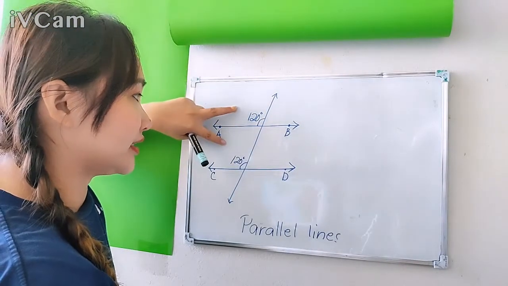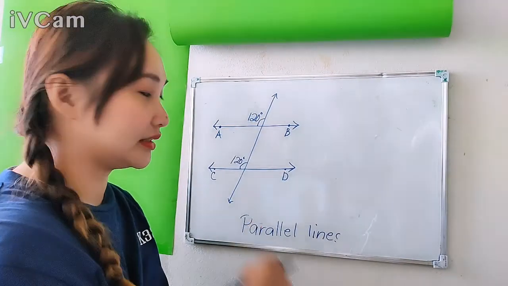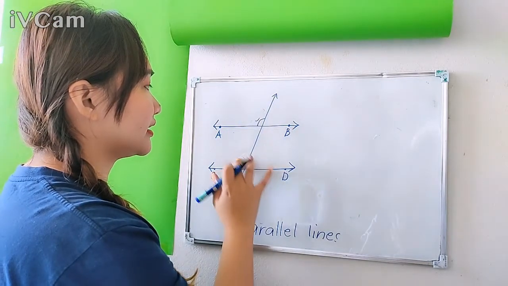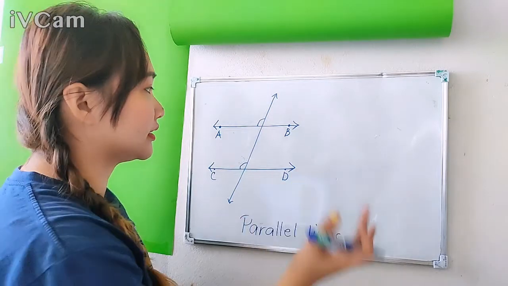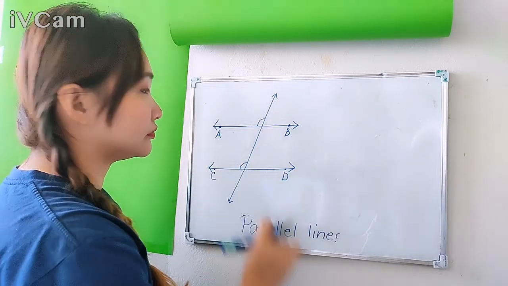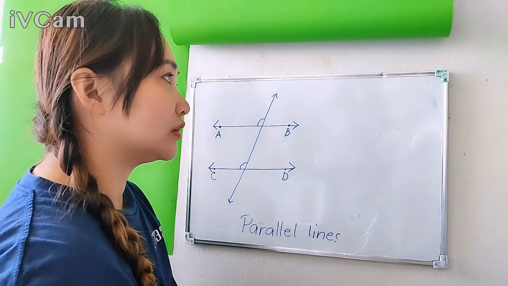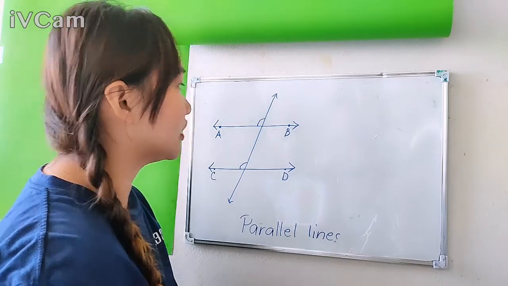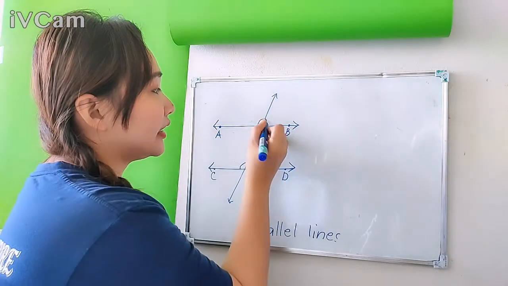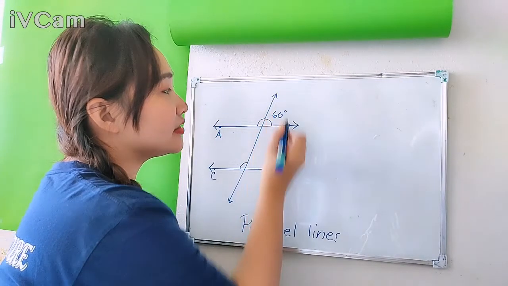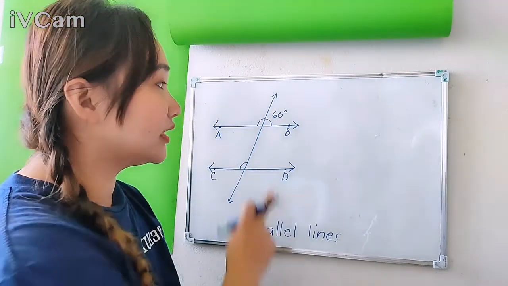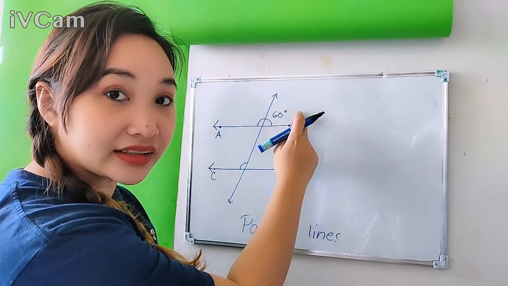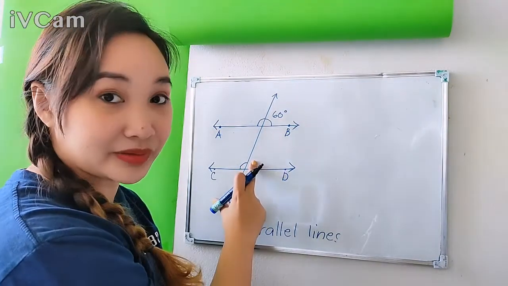Okay, another example. How about this one? Example, if this is a 60 degrees angle, meaning to say the corresponding angle of this one is this one, right?